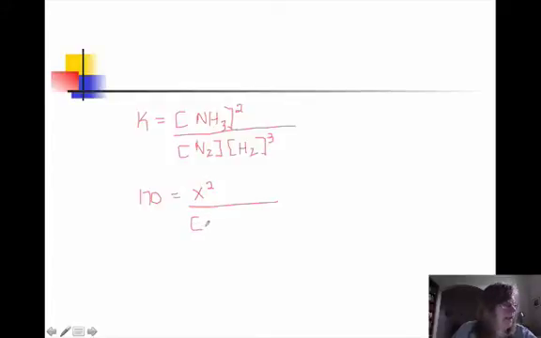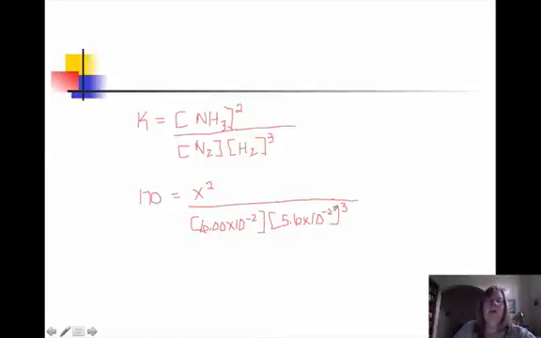The nitrogen concentration is 6.00 times 10 to the negative 2, and the hydrogen concentration at equilibrium is 5.6 times 10 to the negative 2. And because of the coefficient in that balanced equation, we have to cube it. So what we do here is we do 6 times 10 to the negative second times 5.6 times 10 to the negative second cubed times 170 will equal X squared.